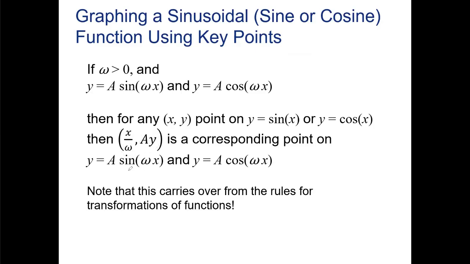Okay, and then in that case, we've transformed the points to fit whatever function we described, cosine or sine, with some multiple on the inside and some multiple on the outside. And really, this is just a natural extension of what we discussed in the college algebra class for transformation of functions.